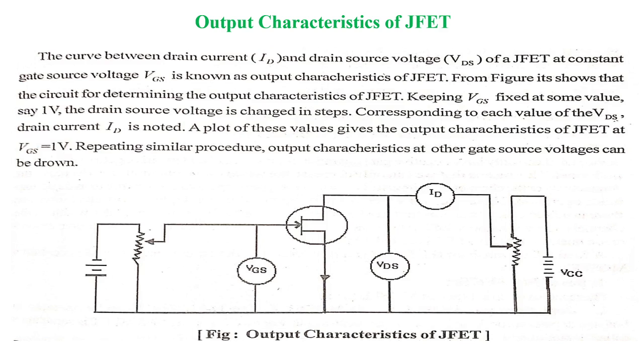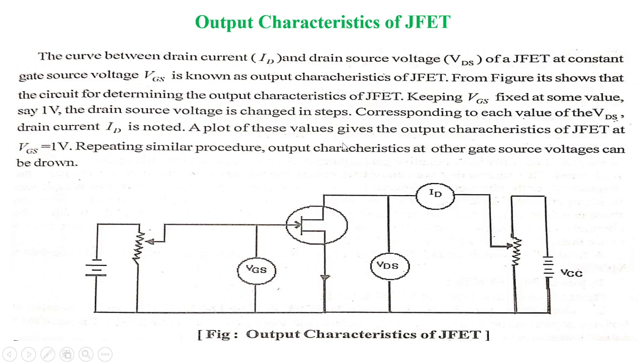The drain-source voltage VDS is changed in steps of 1 volt, 2 volt, 3 volt, etc. And then corresponding to each value of VDS, the drain current ID is noted.